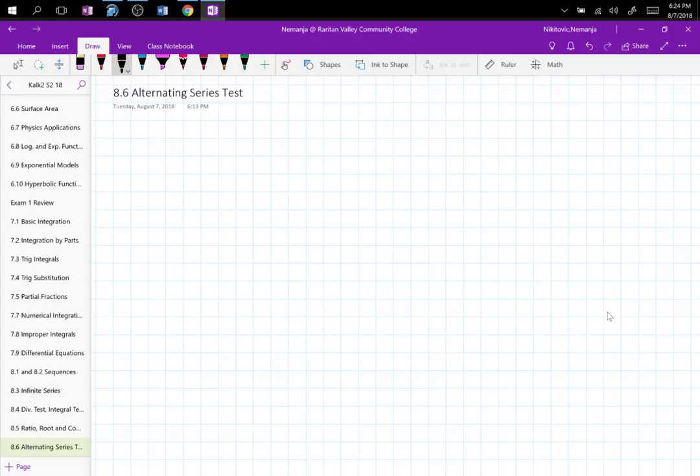Okay, so guys, alternating series. Alternating series will be recognized when you see the -1 to the k or -1 to the k plus 1, going from anywhere to infinity.